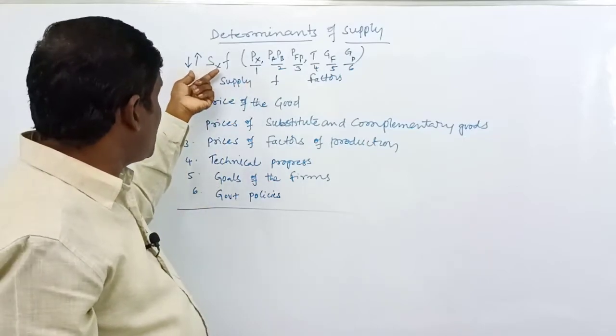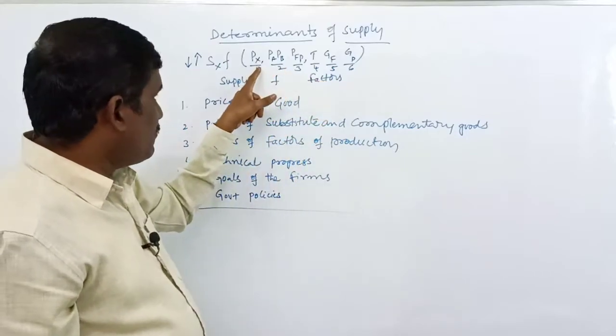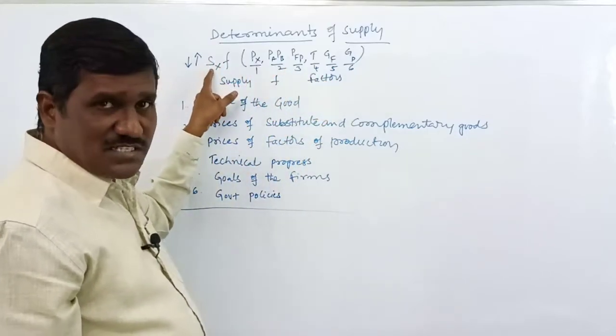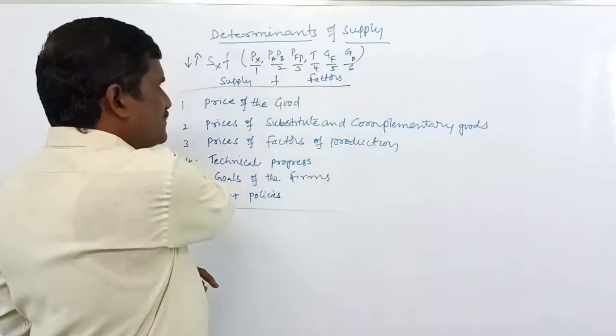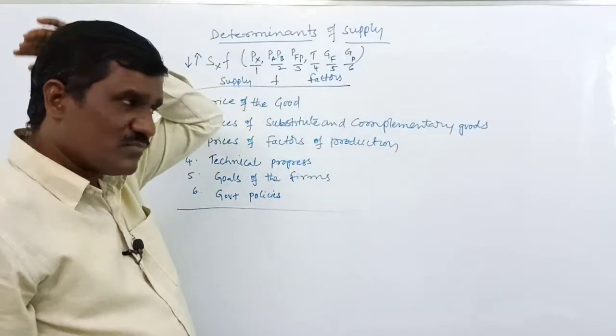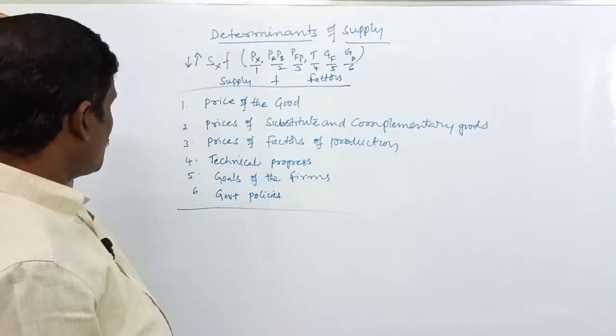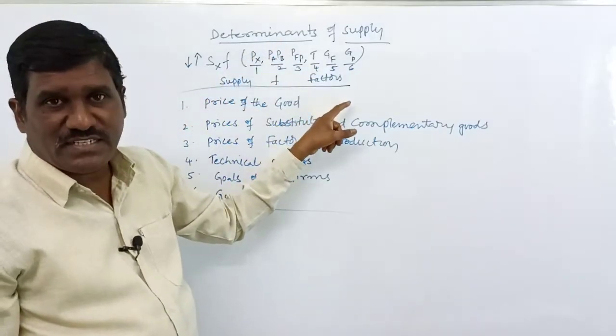If one factor changes, or two, or three, any change in the factors causes a change in supply. So supply totally depends upon these factors.